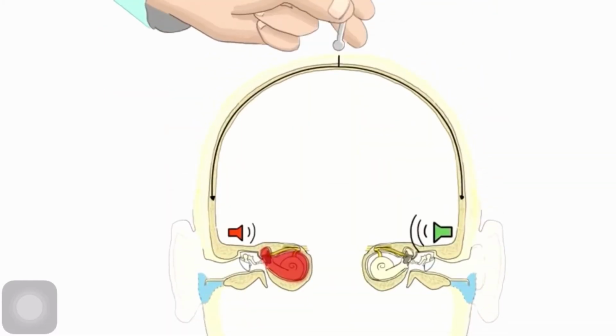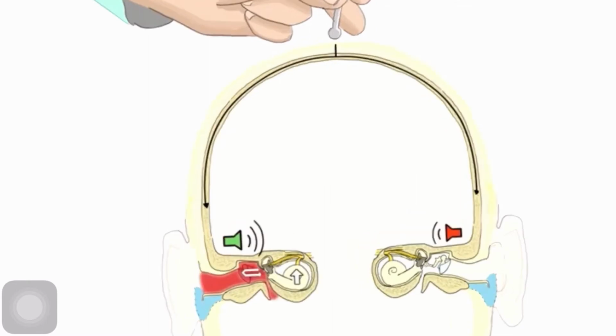But if there is any sensorineural hearing loss in one side, then the particular sound will be lateralized, or the person can hear the sound more in the better ear or in the normal ear because there is some pathology in the inner ear. If there is any conductive hearing loss in one ear, then the sound is lateralized or it is heard more in the same ear, that is in the ear with the pathology.